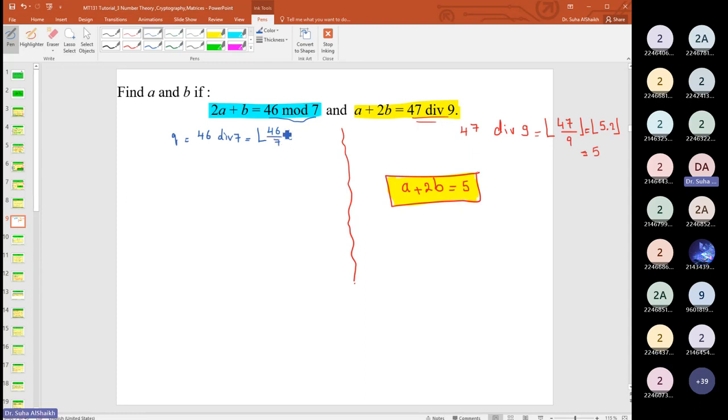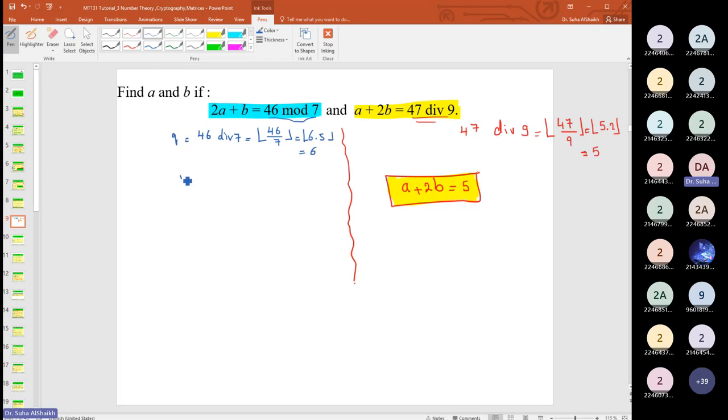On the calculator we put 46 over 7 and the result will be 6.57. The floor of this one is 6.